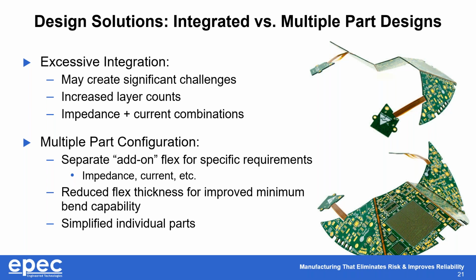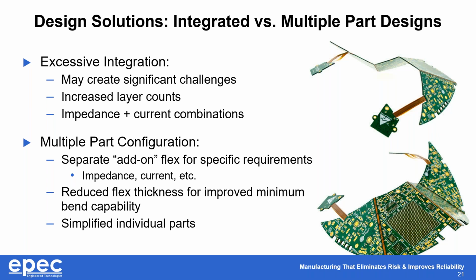The general benefit that comes from this multiple part configuration is that you now allow yourself to reduce the flex thickness or flex thicknesses in the design, which then comes back and improves your minimum bend capabilities.